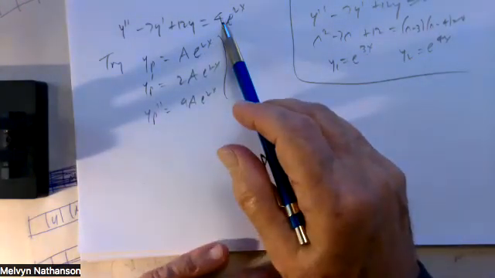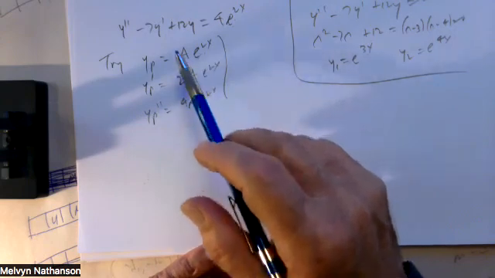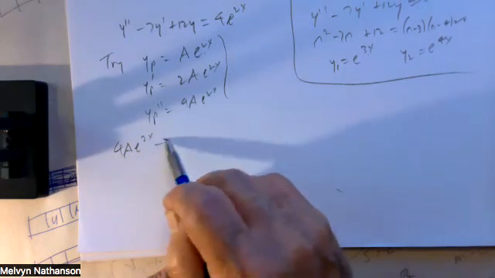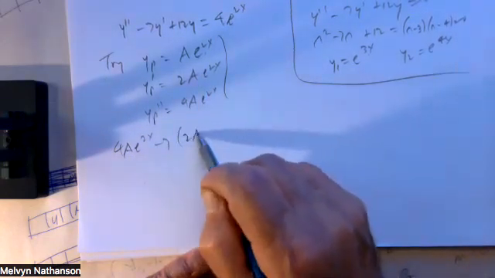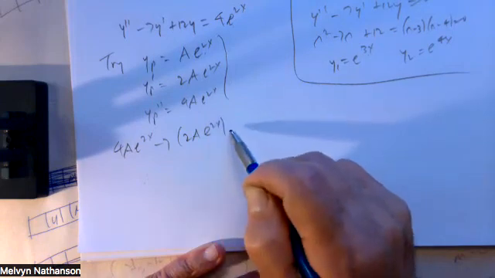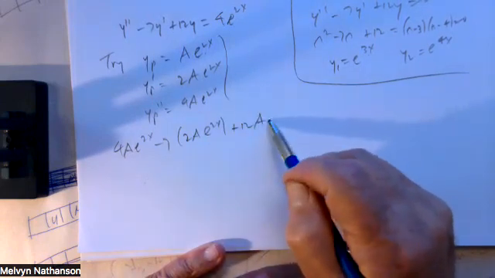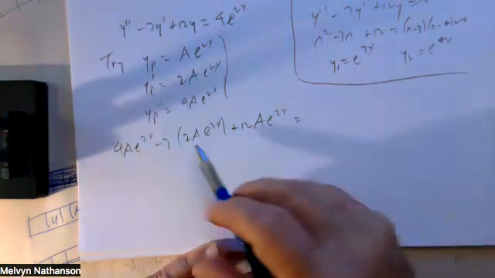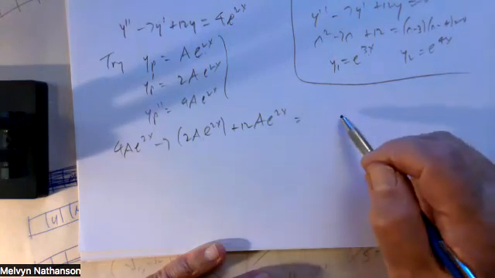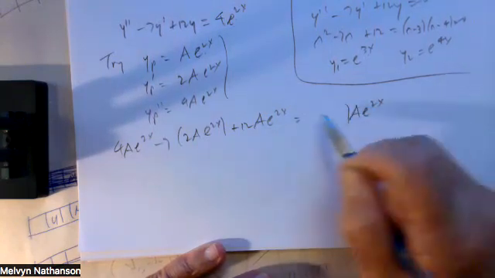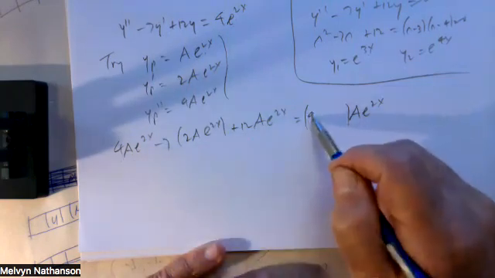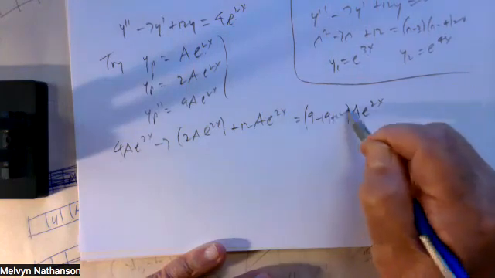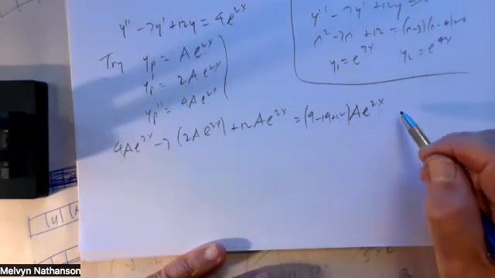If we substitute into the equation, we can try to solve for a. We get y double prime, 4a e to the 2x, minus 7y prime, 2a e to the 2x, plus 12y, a e to the 2x. I can factor out e to the 2x and a, and I have 4 minus 14 plus 12, which is 16 minus 14.